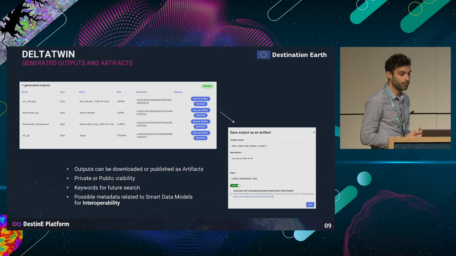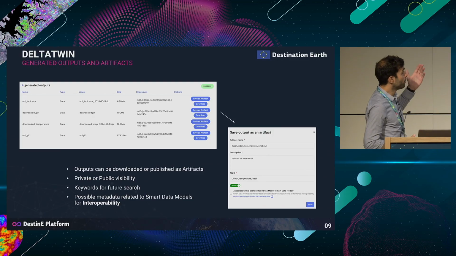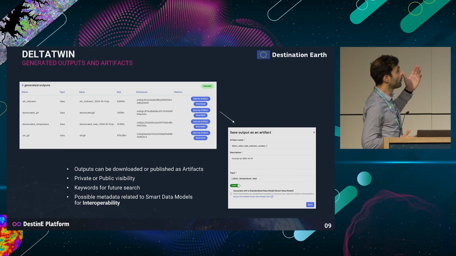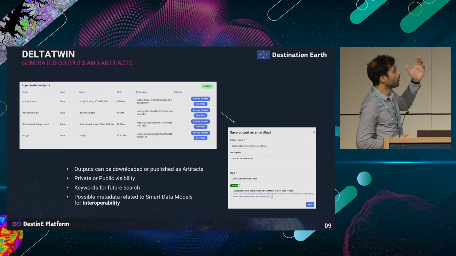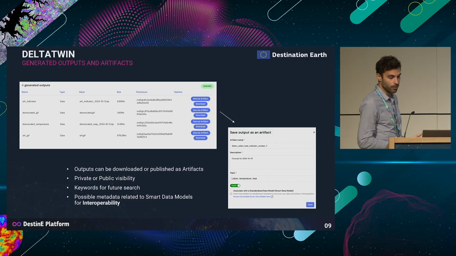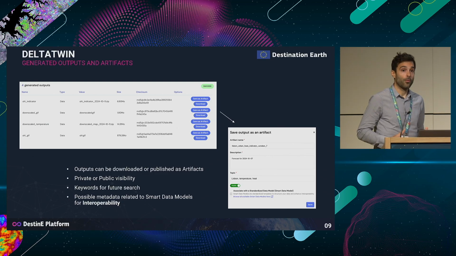Once the run has been executed, during a period of 48 hours, you have two possibilities to get the output result, the valuable data. Once it's downloaded to your local machine or saved as artifact, this result will be stored in the Delta Twin services.